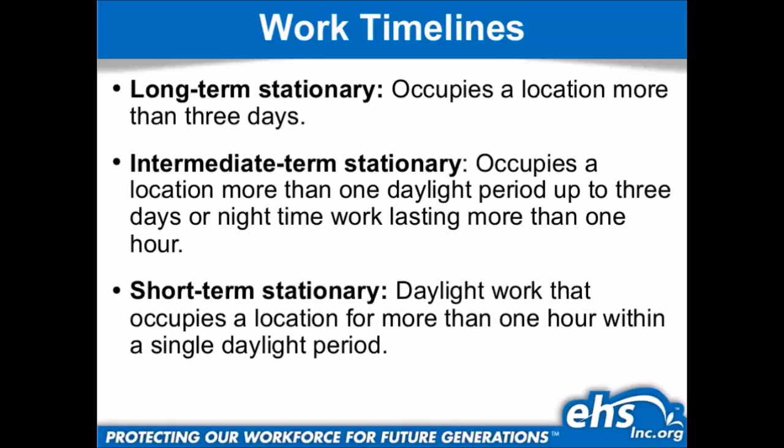And usually when you're doing a long-term operation, you're not setting out cones. It means you're most likely going to be removing or taking out stripes on the roadway and restriping it, so you're providing a different path of travel, right? That way they're paying attention to the striping on the roadway. There's no conflict between the cones and what the striping is saying. So long-term stationary is a beast on its own.